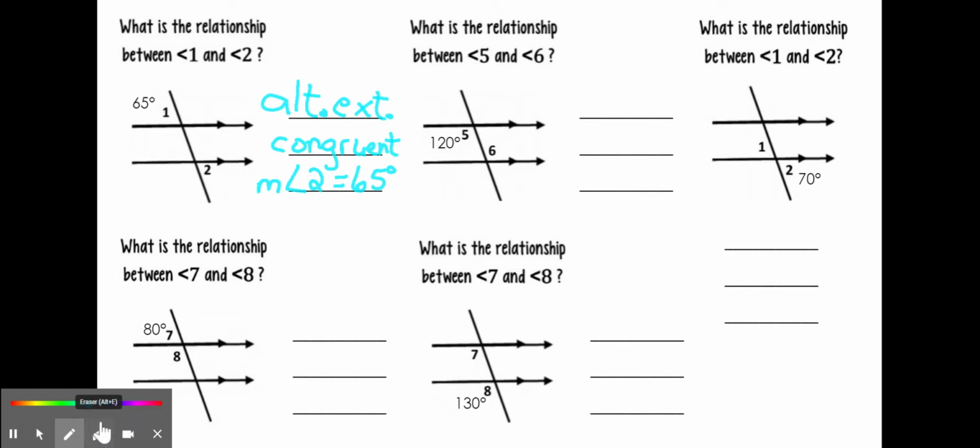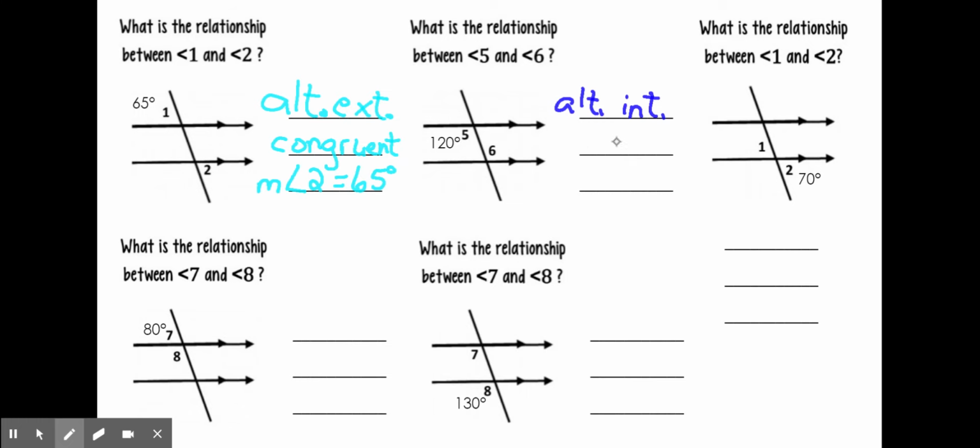Okay, let's look at the next one. What about angle 5 and angle 6? Well, they're in between the two lines, so they are interior angles, and one's on the left and one's on the right, so they alternate around the transversal. So these are called alternate interior angles. Alternate interior angles.